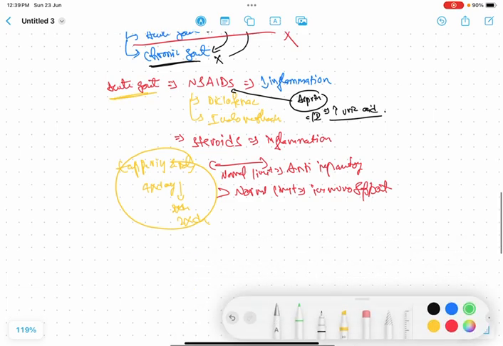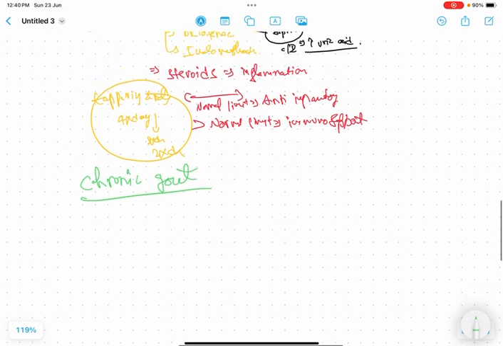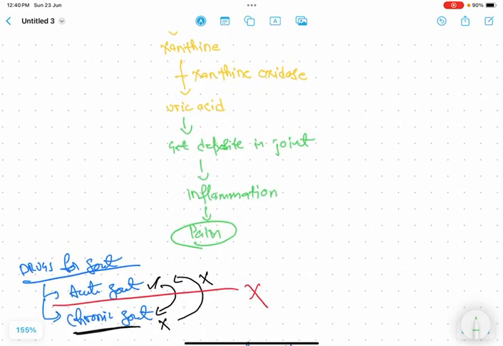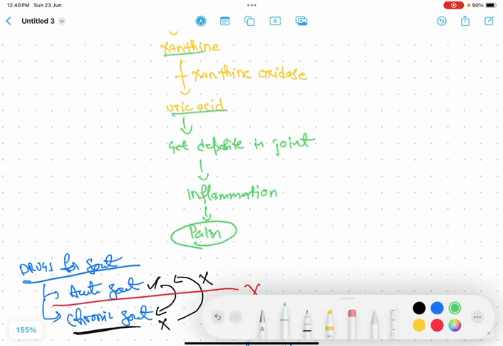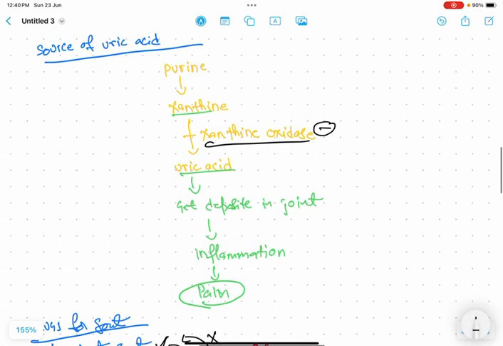Now let's go to chronic gout. What is the mechanism of action for treating chronic gout? Here we have discussed that xanthine, in the presence of xanthine oxidase, converts to uric acid. The first thing is we have to block this xanthine oxidase. If you block xanthine oxidase, it will not be converted into uric acid, so the uric acid level will be low.